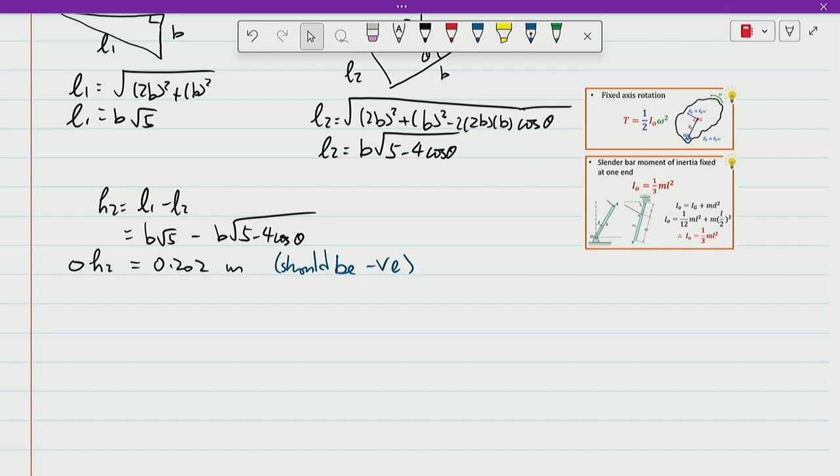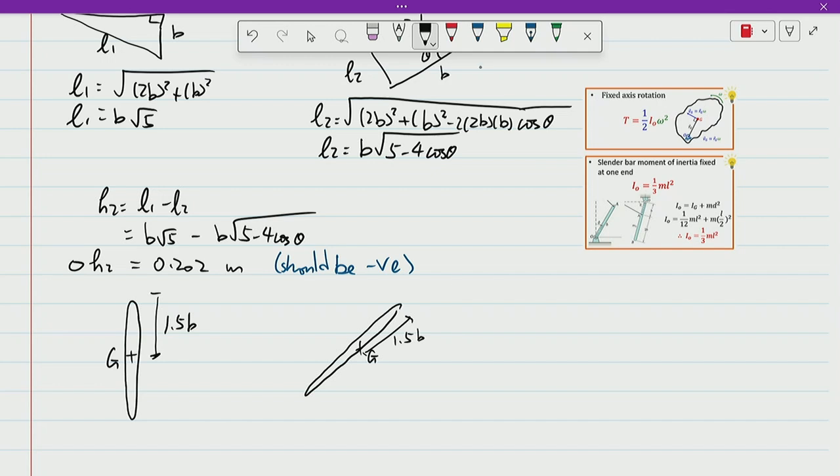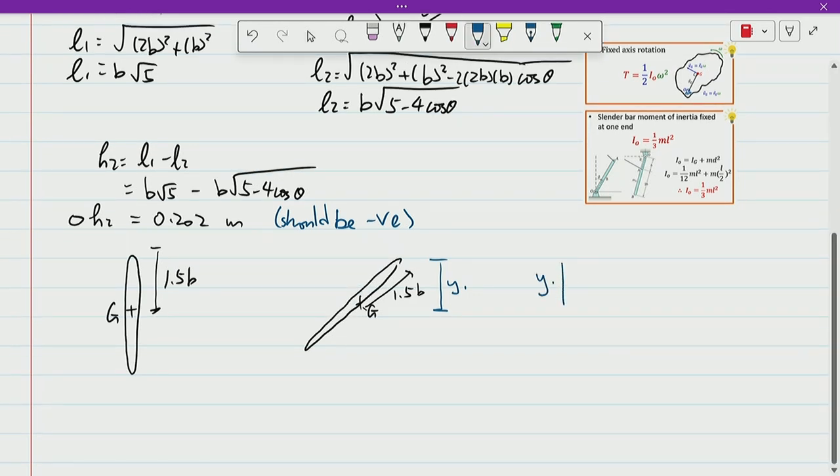Finally, we're going to also find H1. So the start state, uniform rod, 1.5b. That's not even vertical. There we go. And then at the end state, it's also 1.5b. But we're going to assign it a y1, which gives us a triangle, 60 degrees, 1.5b.